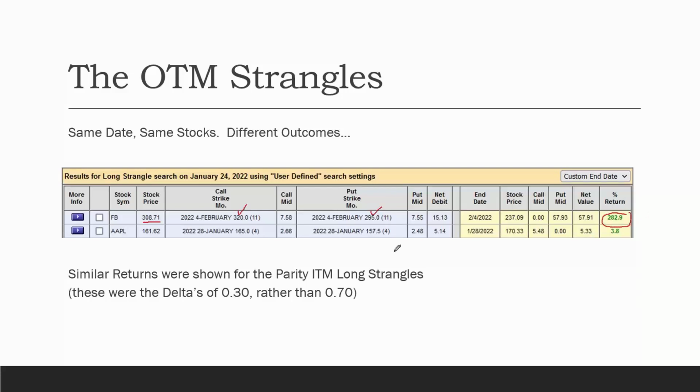The in-the-money strangle for the Apple position, if we would have bought the in-the-money 165 put and bought the 157.5 in-the-money call, the debit went up to about $12. No, it was $9.60, I think. And the return was about the same. I think it was 3.6%, if I remember correctly, off of the investment on that position. So that's the kind of returns you're expecting.